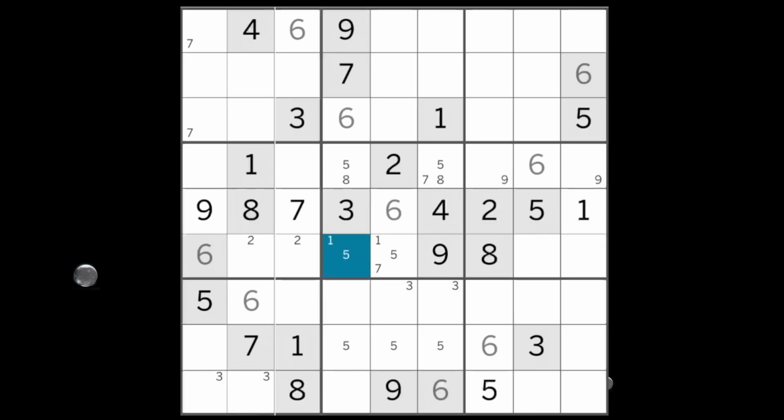At the moment I have a 2 in the middle, but 2 can't be there. 2's gonna be on the right here, which puts it on the left of this one.